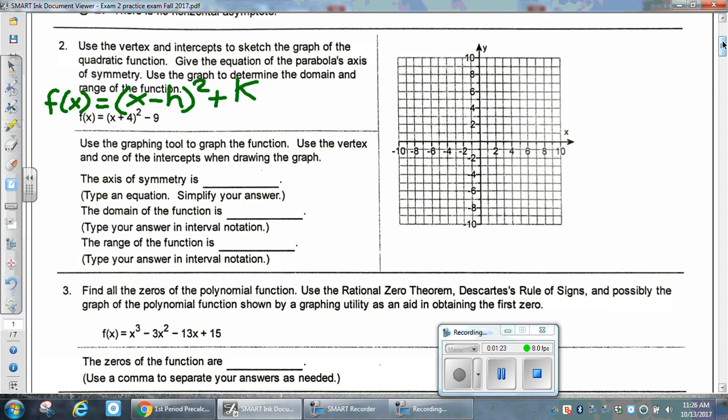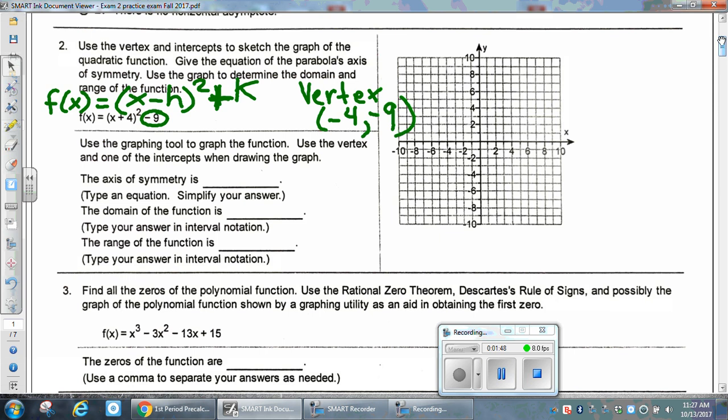And so because of that, that makes the number inside the parentheses have a counterintuitive shift. So if you see a +4, that's actually moving to the left. And so because of that, the vertex happens to be -4, comma, and then this -9, it would just keep it like it is because there's a plus here in front of the formula.